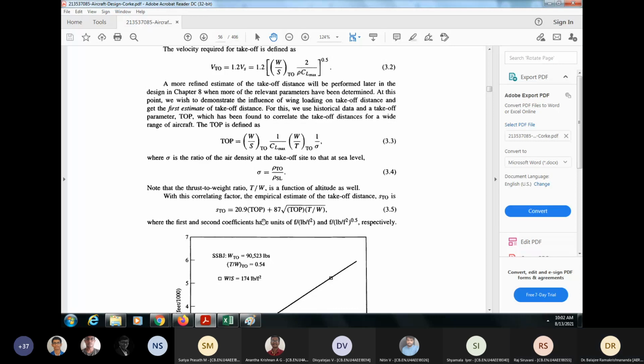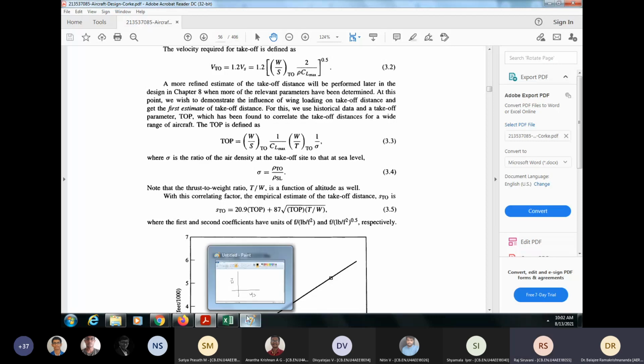Right, so now this S takeoff is indirectly given to you in your specification. You have the airports, right? You take the length of the airport as constraint. Huntsville may have a smaller airport, but Atlanta may have a very large airport.